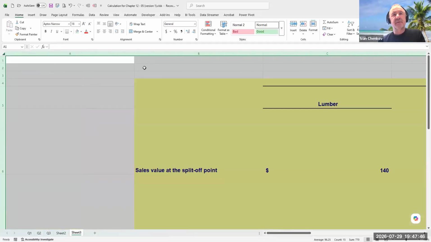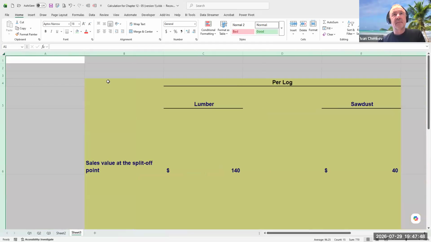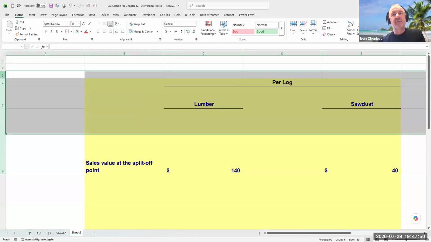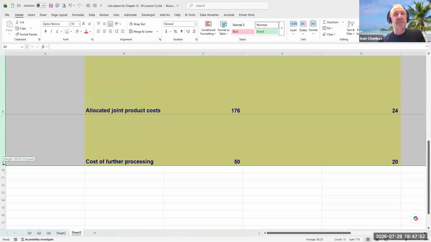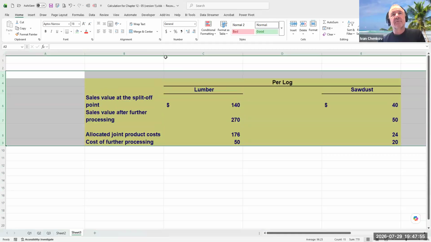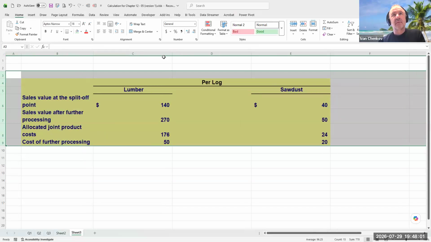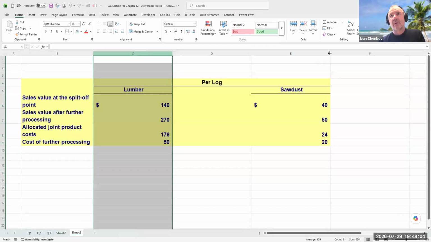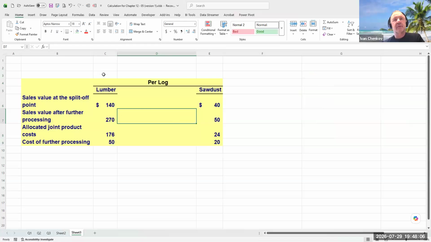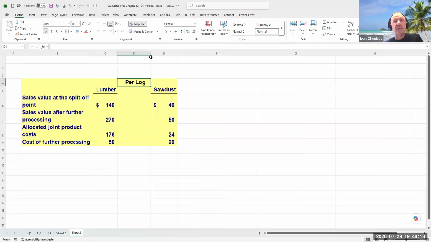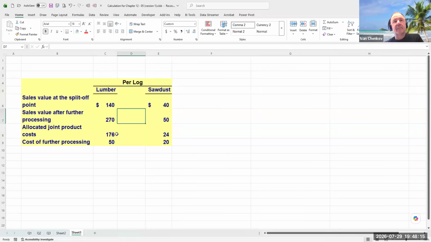So we have the information. Let me format the sheet a little bit so it's more usable for us. That's our information here for the lumber and for the sawdust, which are the two products from that catalogs that we have.